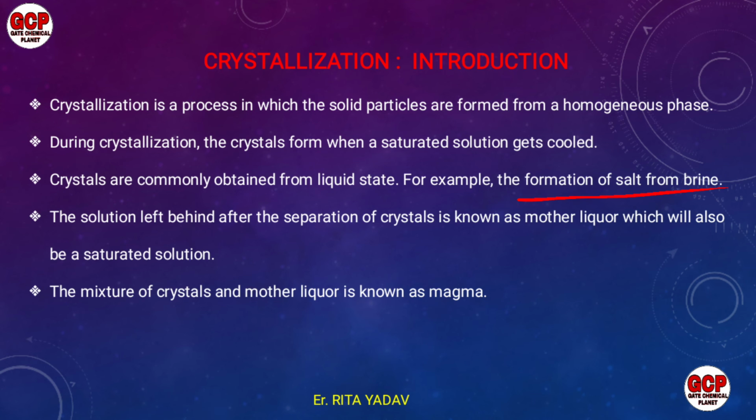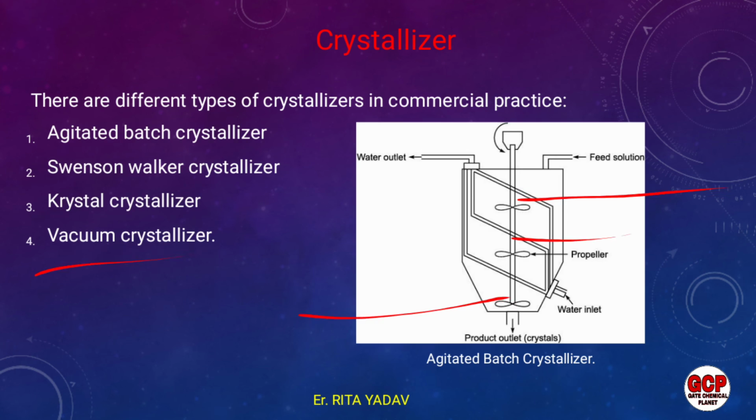The solution left behind after the separation of crystals is known as the mother liquor. This mother liquor will also be a saturated solution. The mixture of crystals and the mother liquor is known as the magma. So this is the introduction of crystallization, how crystallization occurs.